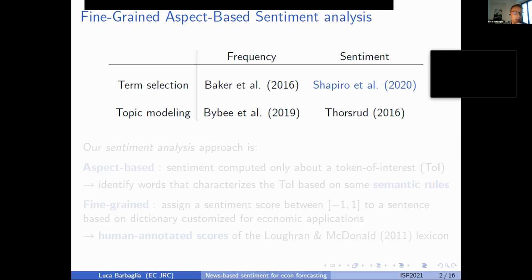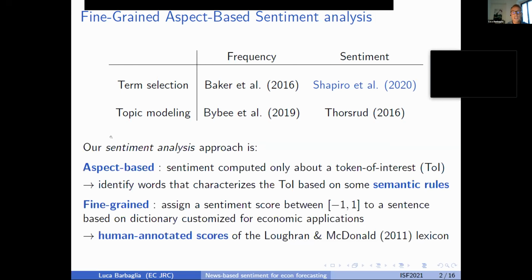So we do term selection and attach a sentiment to each of the words. So the sentiment analysis tool that we have is aspect-based. And by that, I mean that we are able to compute the sentiment only about a specific topic or token of interest that is specified by the user. And we do that by using a rule-based approach.